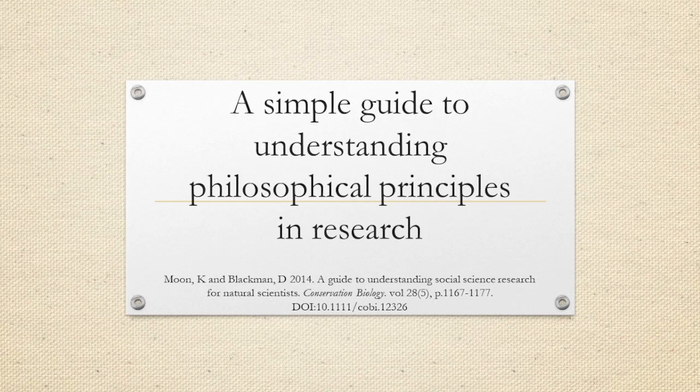Their article was published in 2014 and is called A Guide to Understanding Social Science Research for Natural Scientists. Yes, it might be specific for natural scientists, but nonetheless, they explained the basic principles of philosophy of research in a very, very accessible way, using examples and figures. I put the DOI number there, and I'm pretty sure it's available for free on the web.